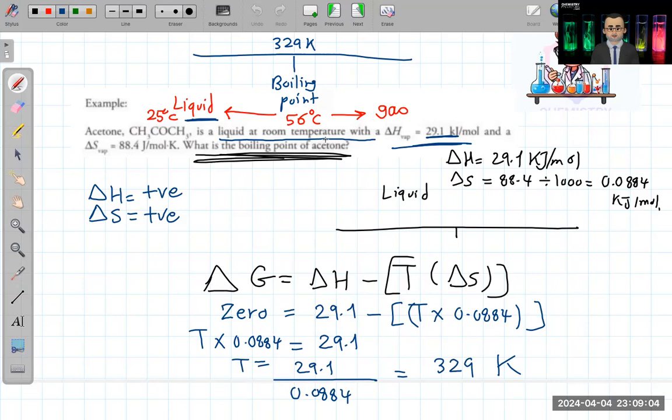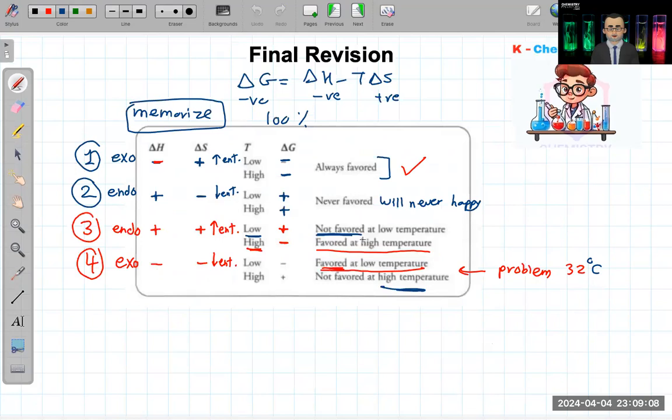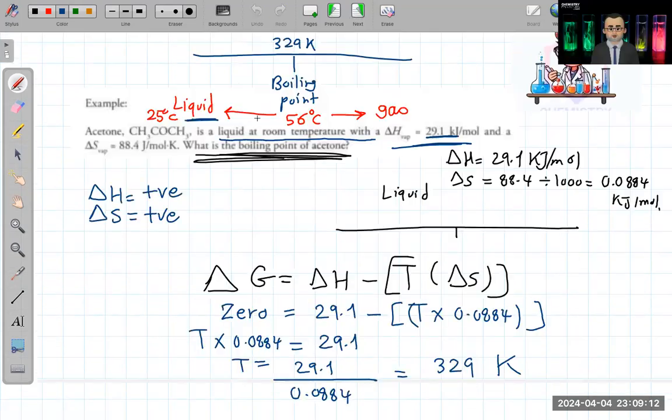It's going to boil. But at low temperature, what happens? It becomes not favorable. So it's never going to boil at less than 56. It's going to condense. So this proves that our rule is correct.